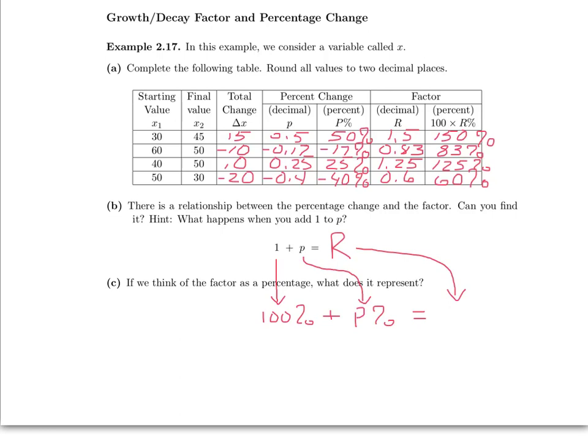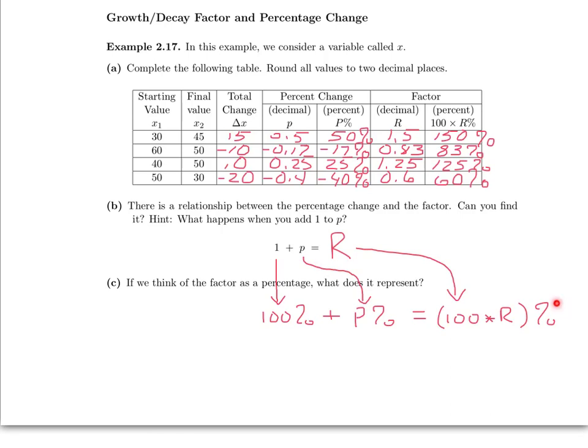This is really just accomplished by multiplying R by 100. So I take 100 times R, and that gives me the percentage representation of the factor. This equation that we've just written is equivalent to the equation above. This equation is written in terms of percents. This is the decimal representation version of the equation.